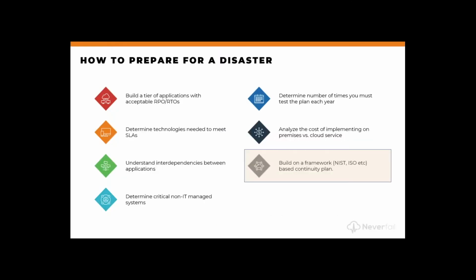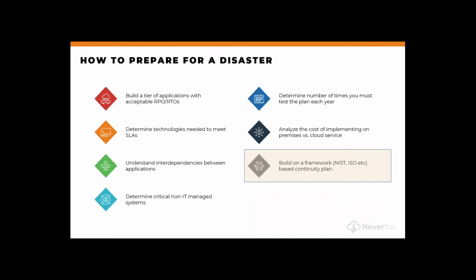So with that in mind, let's talk a little bit about how we begin this process. From a planning perspective, there are multiple different things that you need to consider. Throughout the presentations, as we said before, we talked about everything that is not highlighted. So we talked about building tiering for your RPO and RTO strategy, determining technologies that you need to meet these SLAs.